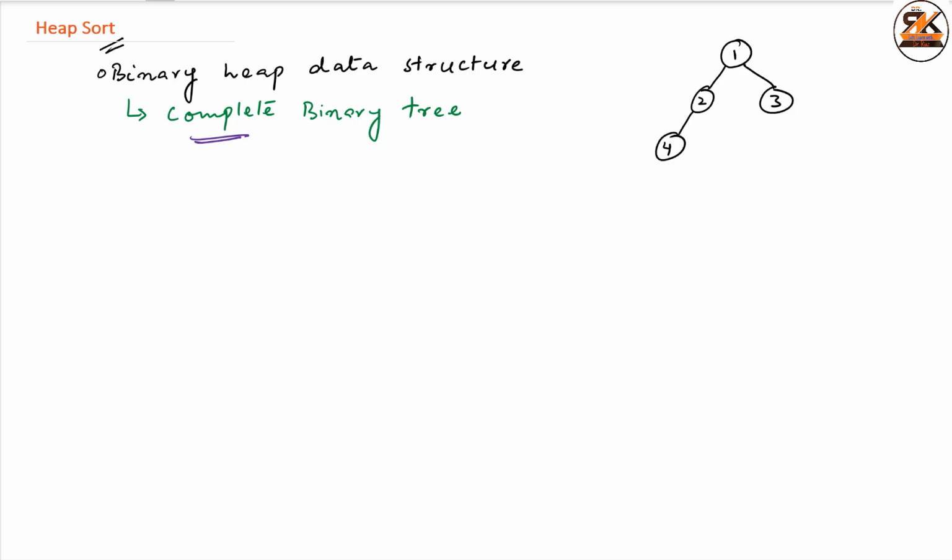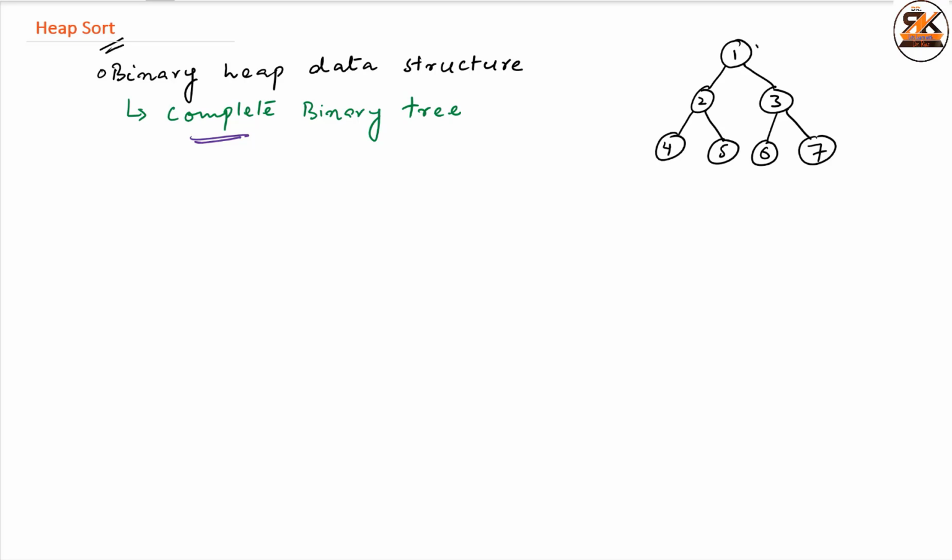Fine. And if we have to add one more node, we have to complete this level first, number 5. If we add the 6th node, we will add it here, and if we have one more node, we add it at this position. So this is a complete binary tree.